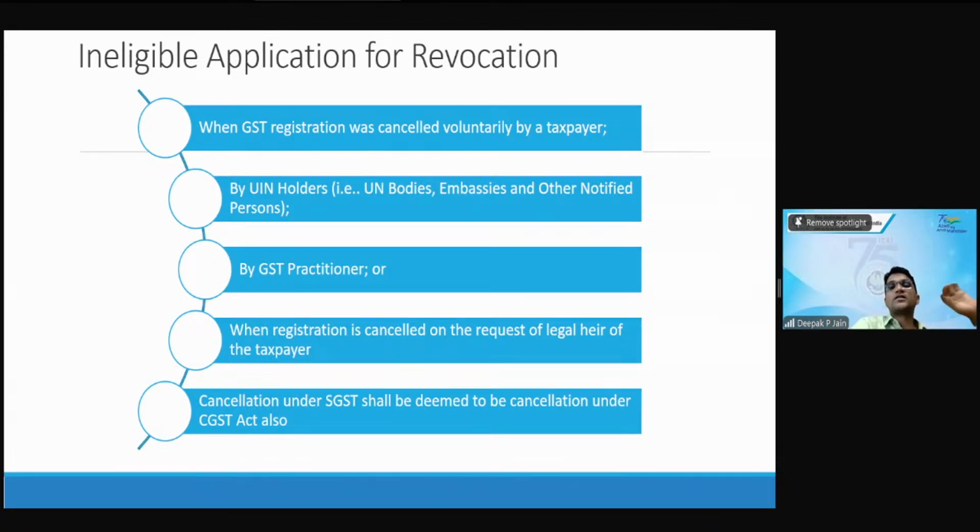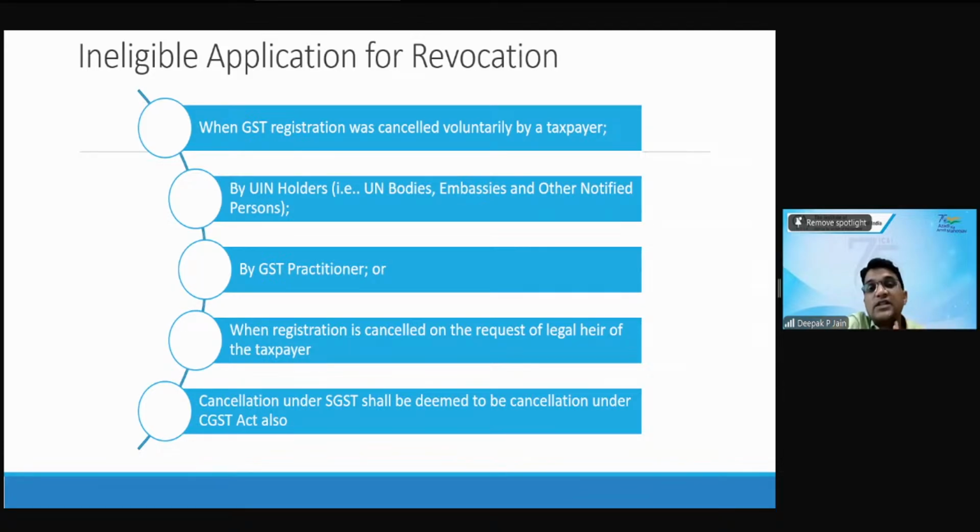Who is a GST practitioner? There is an option under GST called GST practitioners. जब हम returns chapter पढ़ेंगे तब समझ में आएगा, but I'll explain you briefly that if it's a chartered accountant, company secretary, cost and works accountant, you can become a GST practitioner, and there are other people who are BCom graduates. They should write a special exam, and they will also become GST practitioners.